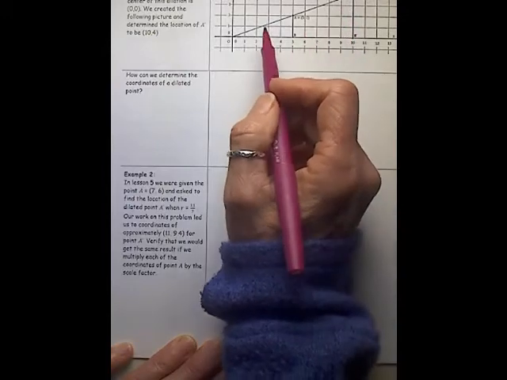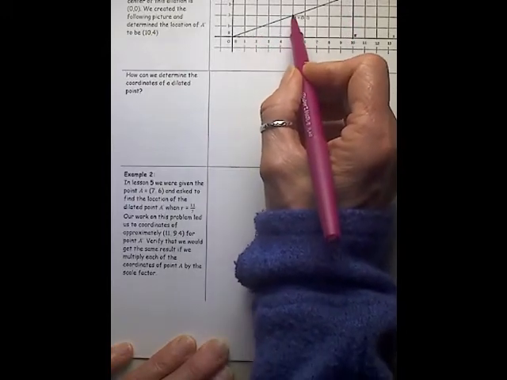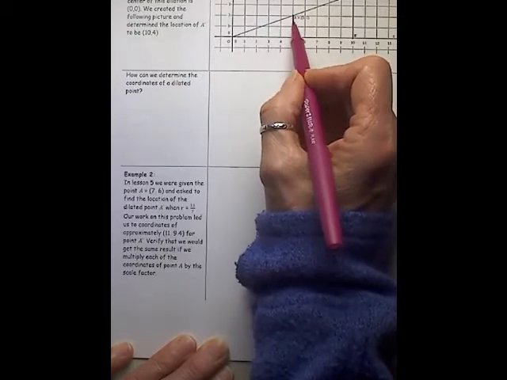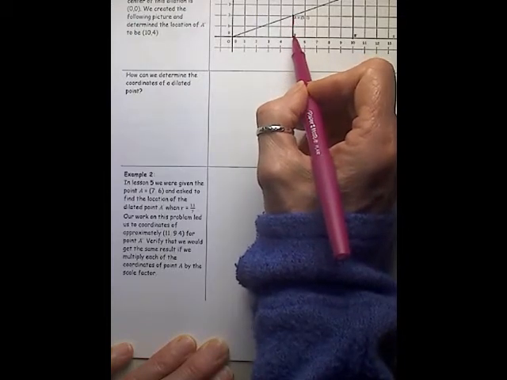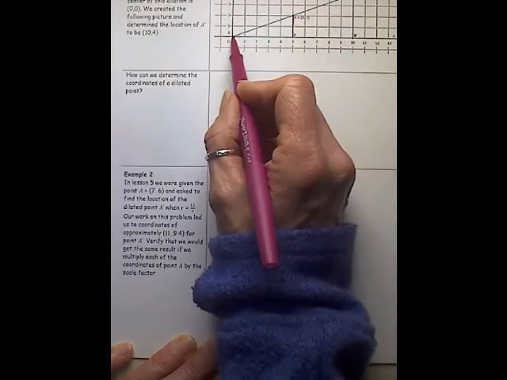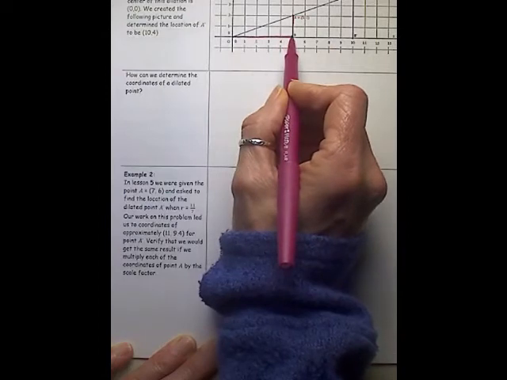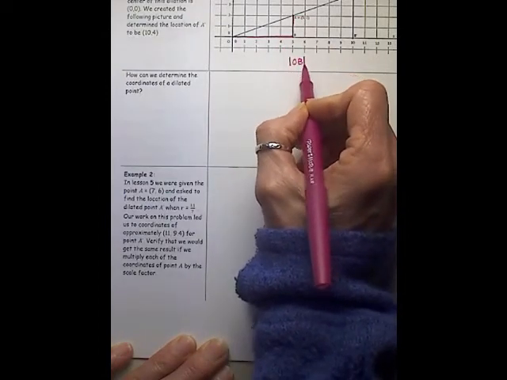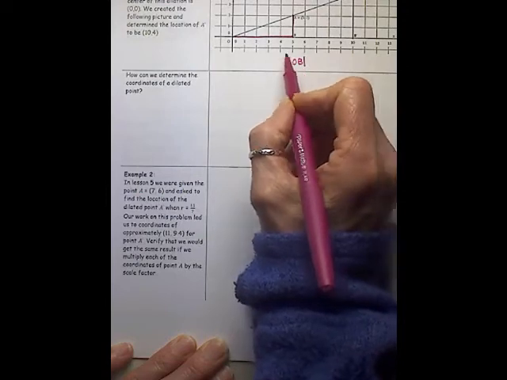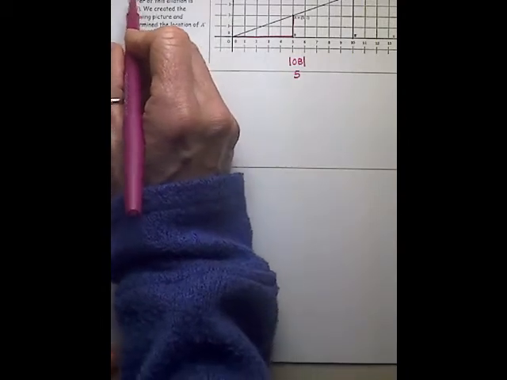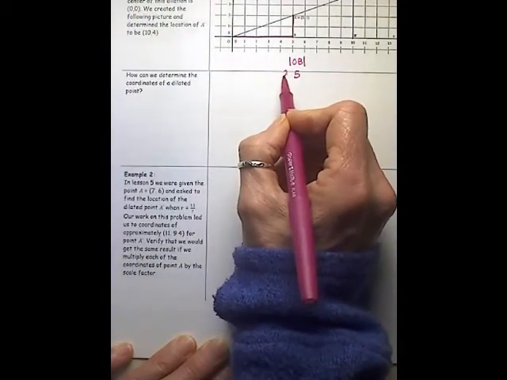So what we did is we dropped the point down to see what the vertical distance was, and we found that to be 2. And then we took a look at the segment OB. We know that the segment OB has a length of 5, and we know that the scale factor is 2.